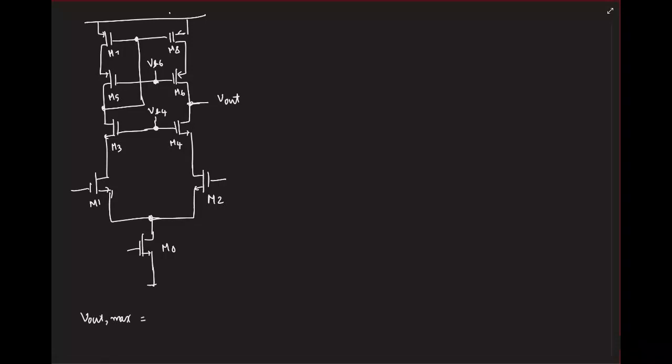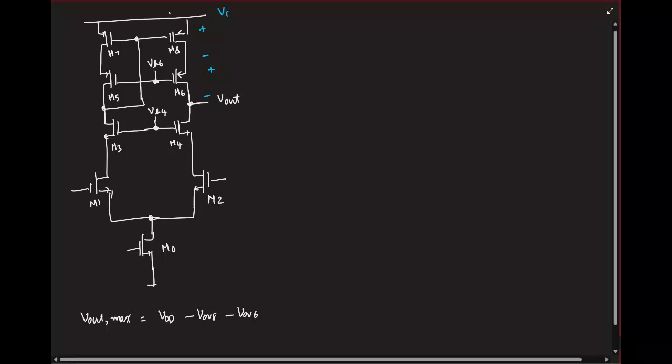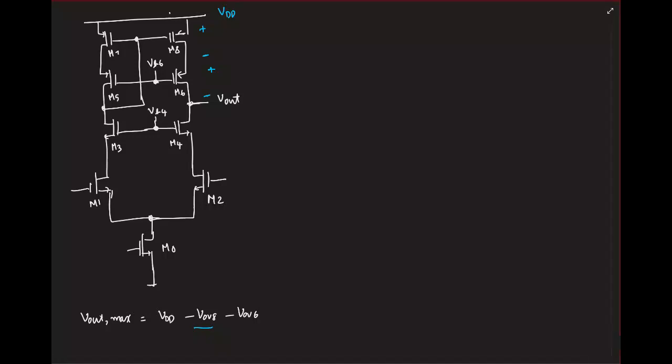V out max is VDD minus overdrive of 8 minus overdrive of 6, and you can see this is the minimum drain to source voltage we need to maintain. So it's the VDD minus the minimum source to drain voltage, which is one overdrive of M8, minus one more source to drain voltage for M6, which is overdrive of 6.